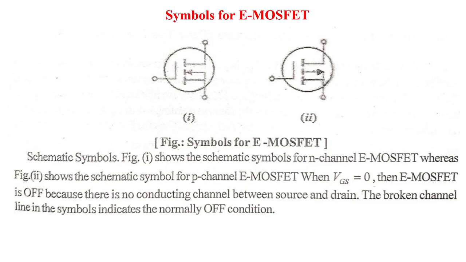Indicated here, the arrow is from the P type substrate to the N type channel, since an N channel MOSFET is indicated inside, and the gate is isolated from the channel as shown in the figure.